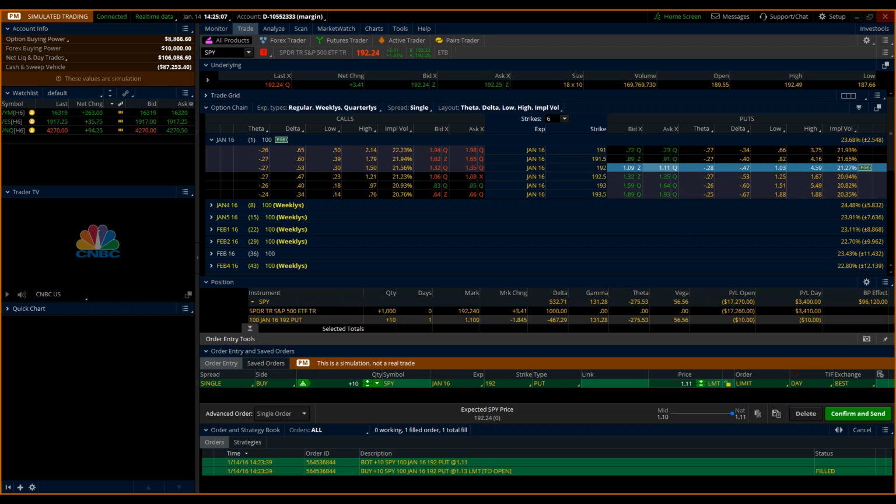That's what you're going to pay for it, the ask price, or perhaps a little bit less if the market price is a little bit less. The bid price is what you would get if you were to sell it. So we sell at the bid, buy at the ask. That spread, the broker gets. If I turn around right now and sell it, what we call the mark is the price usually in the middle. Mark is actually short for market.